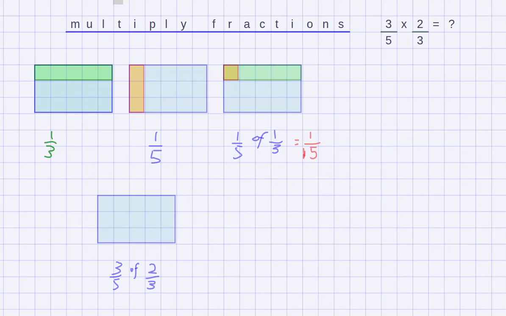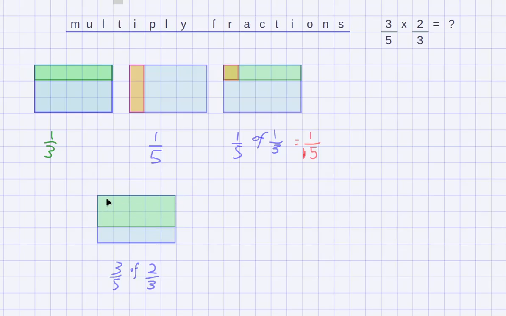So first we take 2/3. 1/3 is across there. 2/3 will be 2 rows. So 2/3 is that, 2 rows, and 3/5 of the 2/3 is 1, 2, 3, 4, 5.